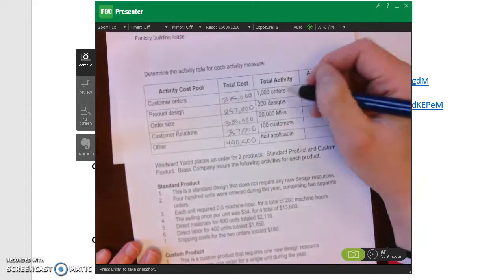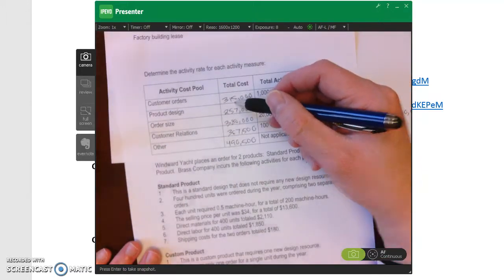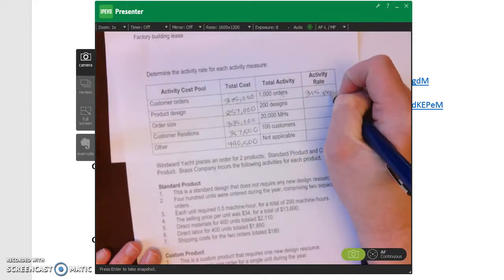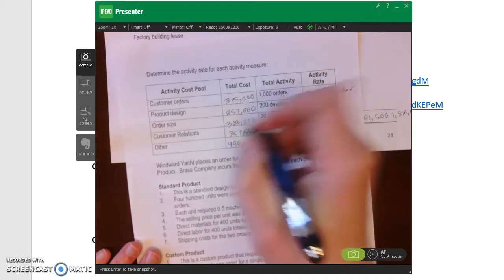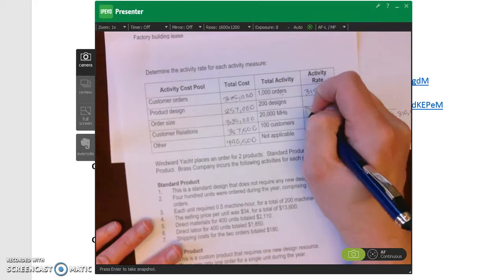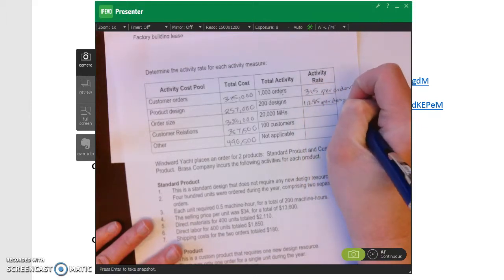And we say our total orders, we think we're going to have 1,000 orders. So we take our total cost divided by our total orders, and what we'd have is $315 per order. Okay. Product designs, $257 divided by the 200 gives us $1,285 per design.